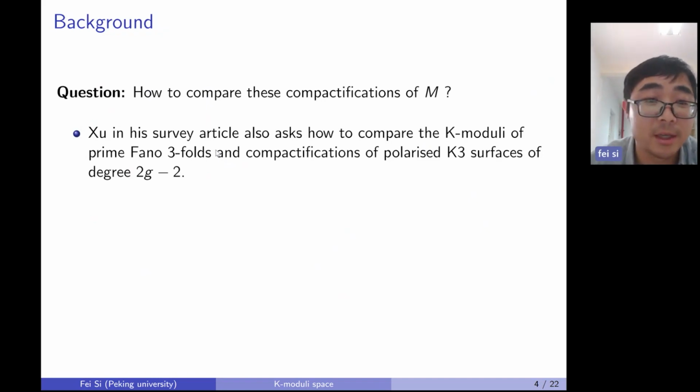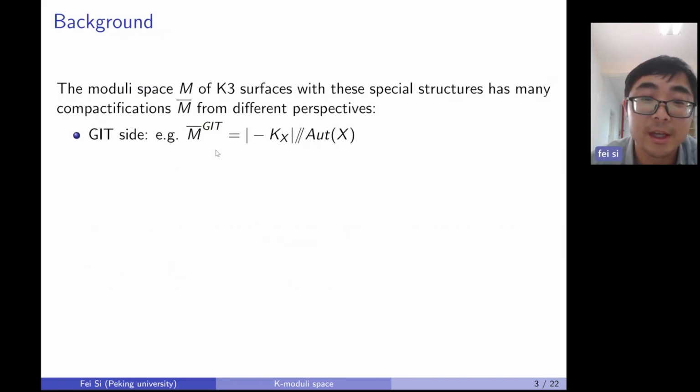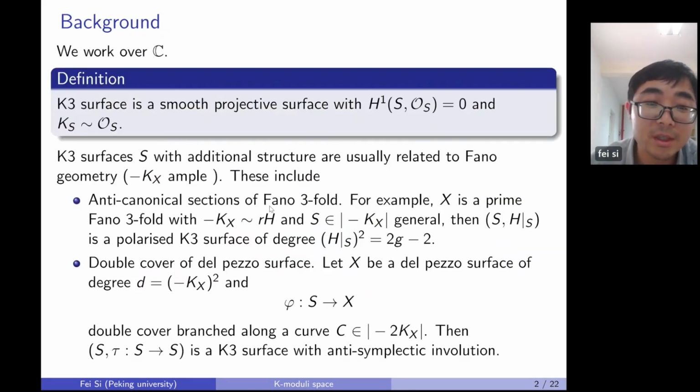Maybe we can return back later. Here, in this case, the Fano threefold is a prime Fano threefold. So the moduli space of K3 surfaces is the moduli space of quasi-polarized K3 surfaces.